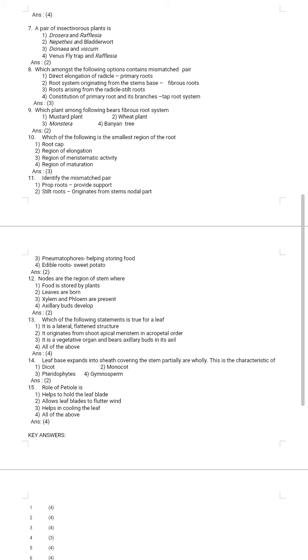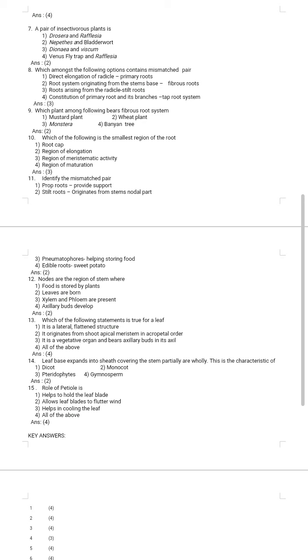So the correct option, it means the mismatch, is roots arising from the radicle called stilt roots. This is an absolutely wrong match. Let us see the explanation for this question, students.